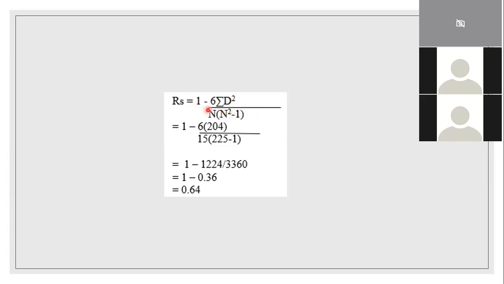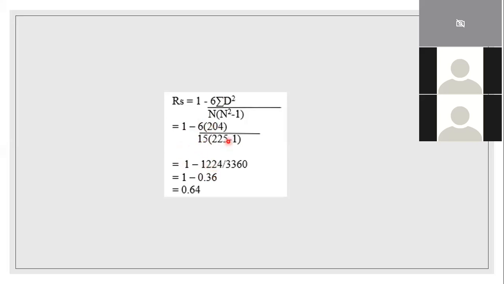N being, again, the number of pairs of values that you have. So this particular researcher collected information on 15 couples. And so N is 15. And then we square the 15, which gives us 225, minus 1. And so at the top, it's 6 times 204, which gives us 1224.